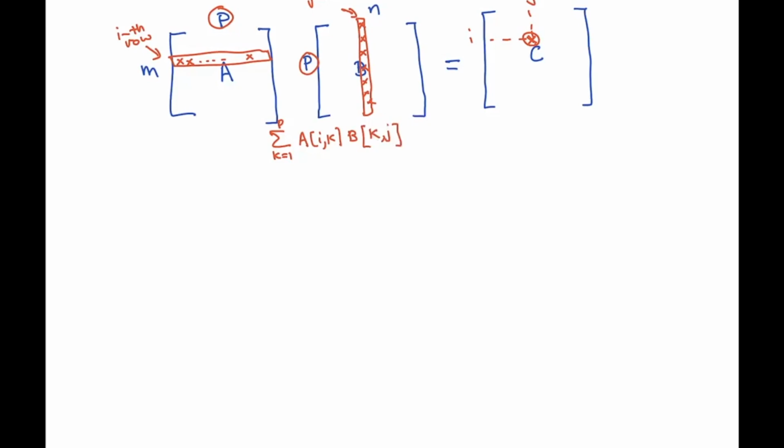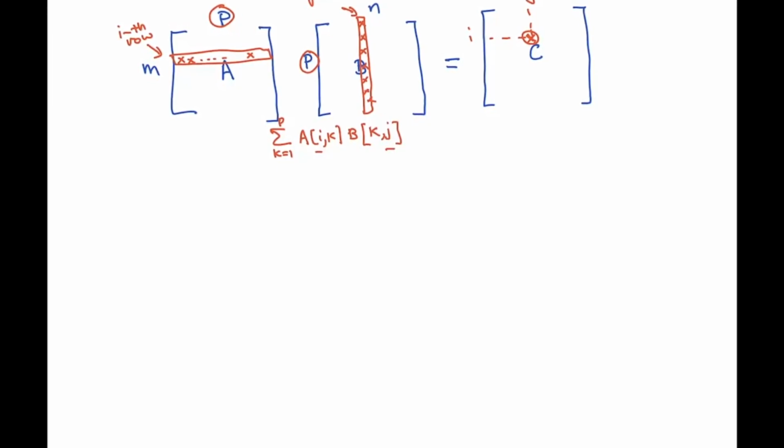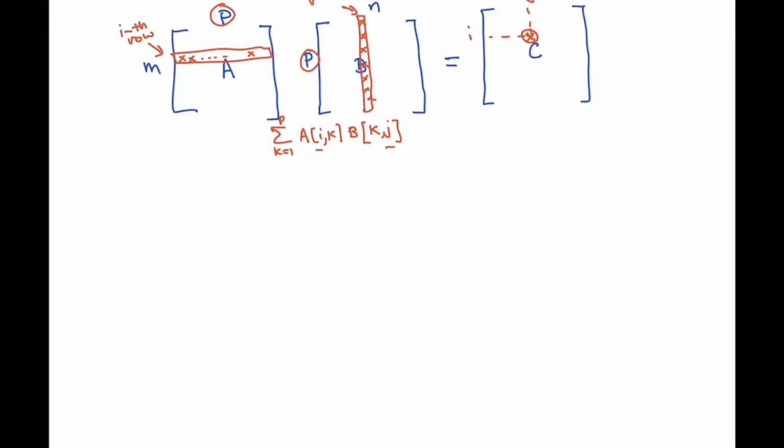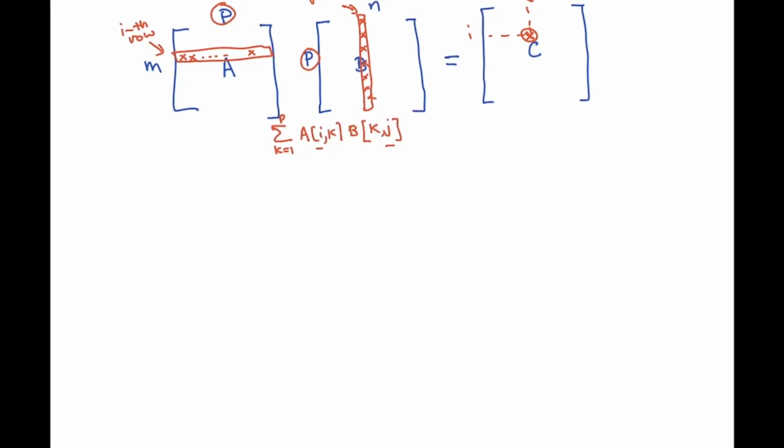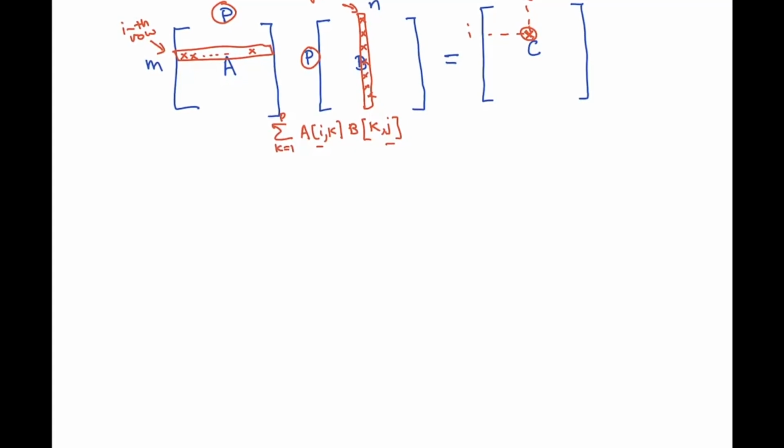So these are the fixed i and j that we have, and this for loop or summation is over k. But this is not enough because remember, this only gives you one element that we have here, but you want to find all these elements across the rows of C and all the elements across the columns of C.